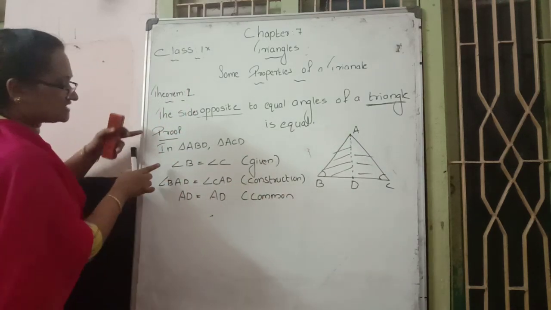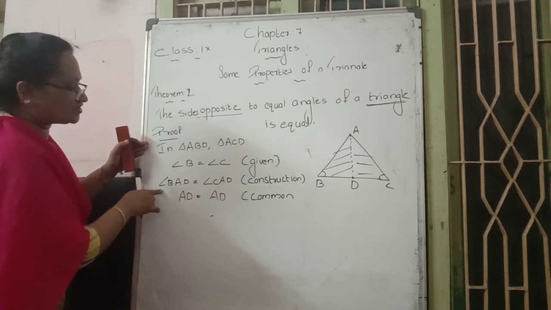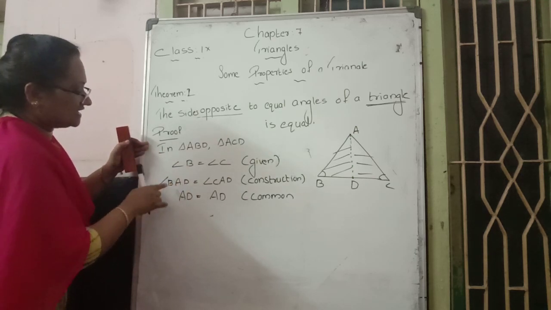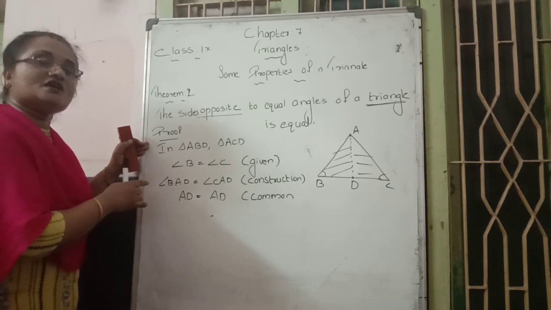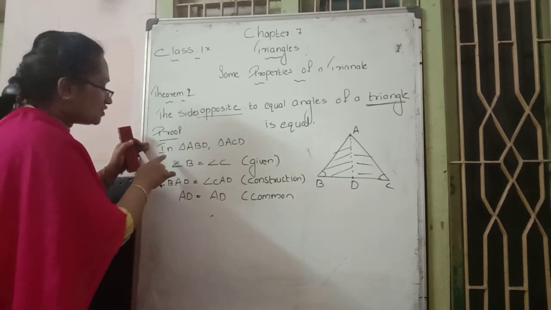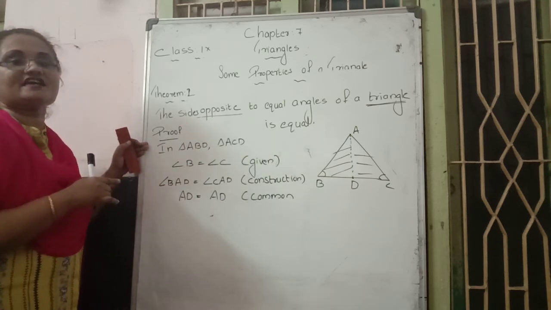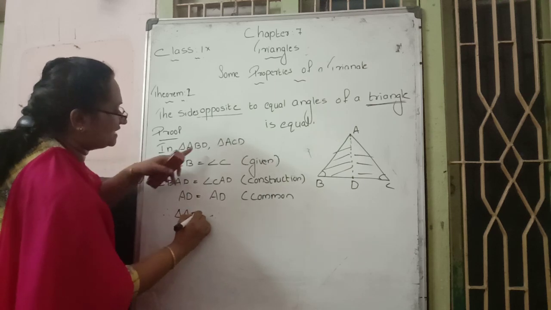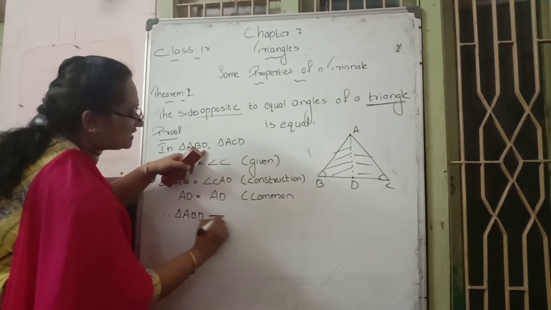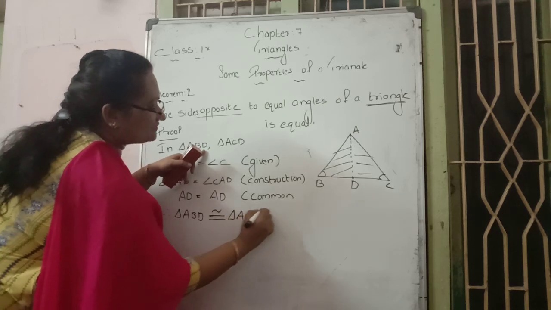So 3 conditions are satisfied. What are they? Angle B and angle C, they are angles. Next also angles. Then the last one is AD, which represents a side. So angle, angle, side property. Therefore we can say our required triangle ABD is congruent to, with the congruent symbol like this, triangle ACD by which property?